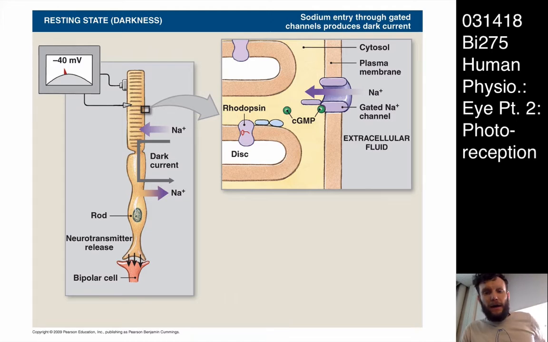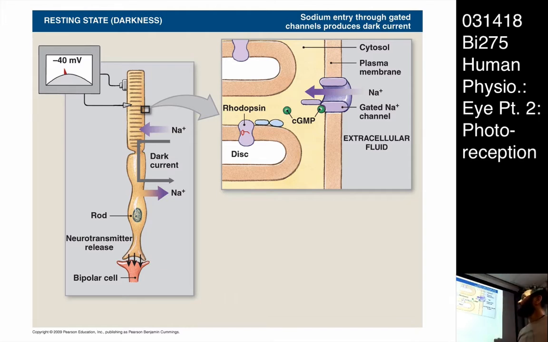So last time I left us with a description of the dark current. So kind of enigmatic. And what is the dark current? When a photoreceptor is not being stimulated, let's look at its resting state. We'll call that the resting state, although it's perhaps a bit of a misnomer.